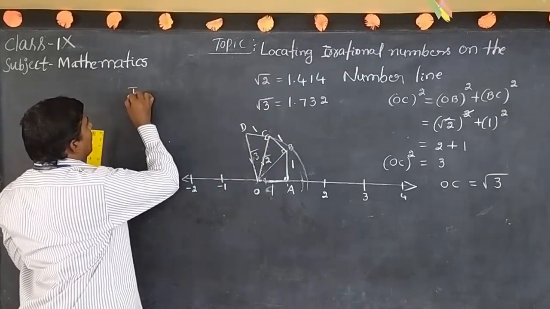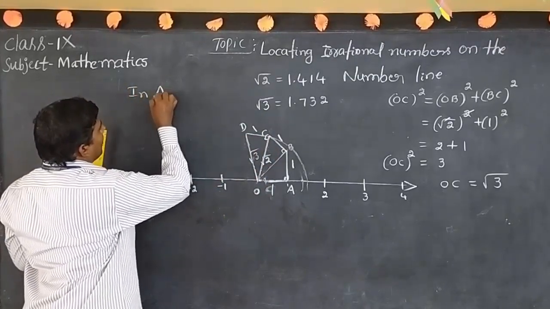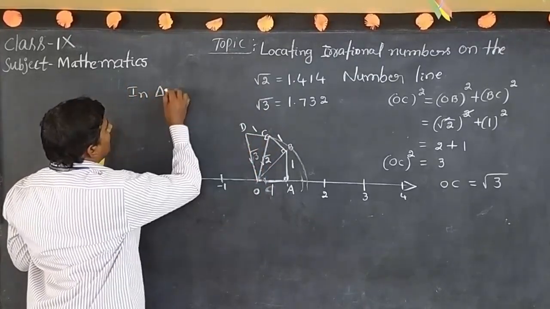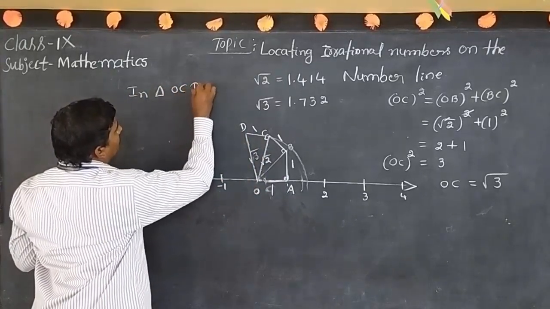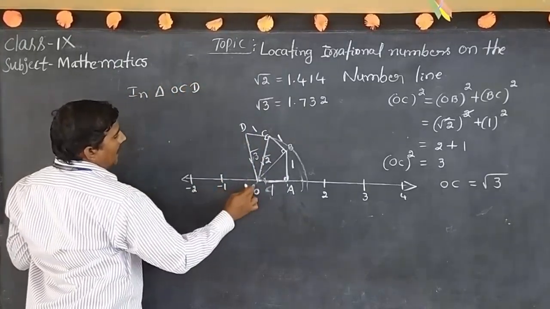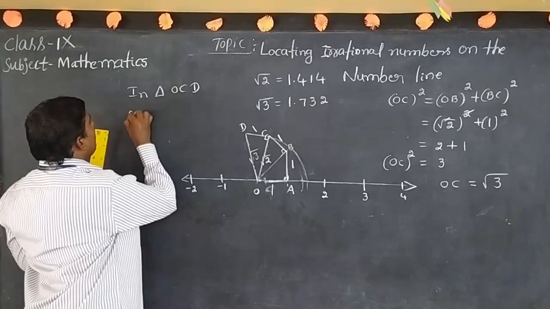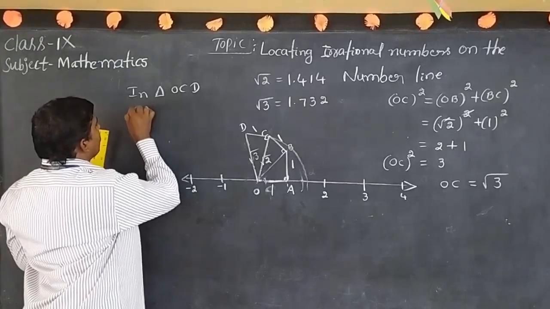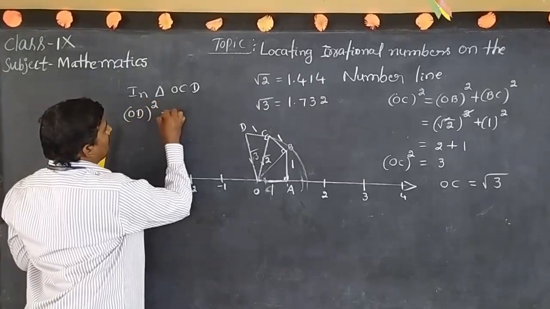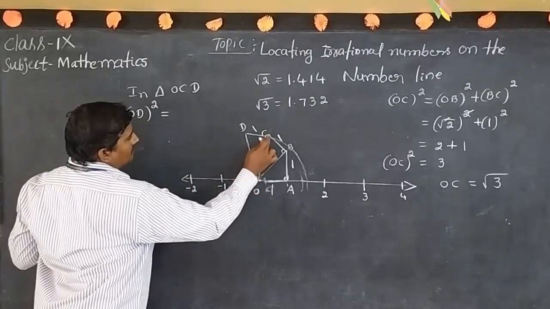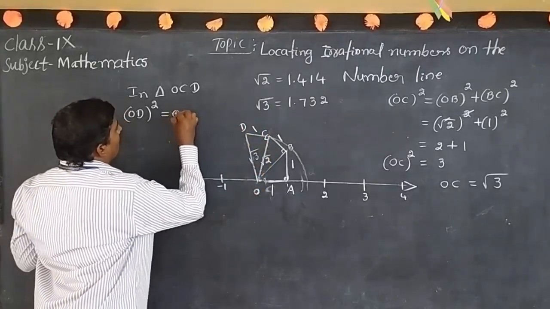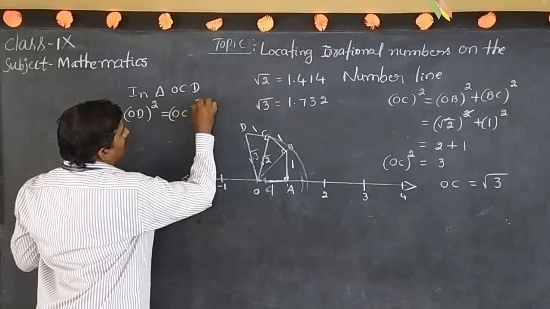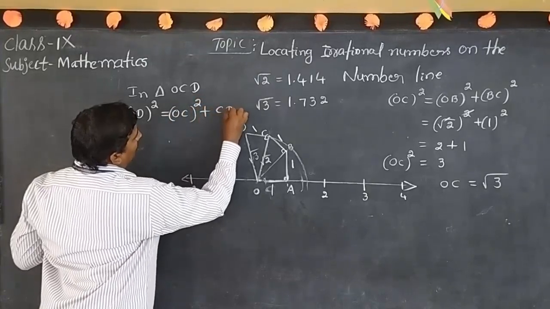In triangle OCD, diagonal OD square is equal to OC square plus CD square.